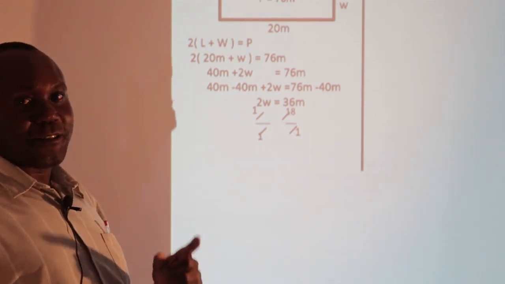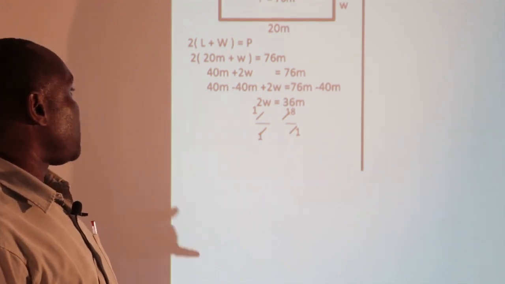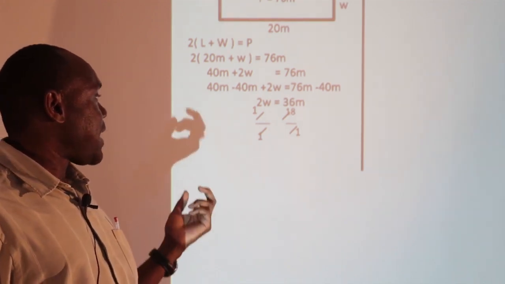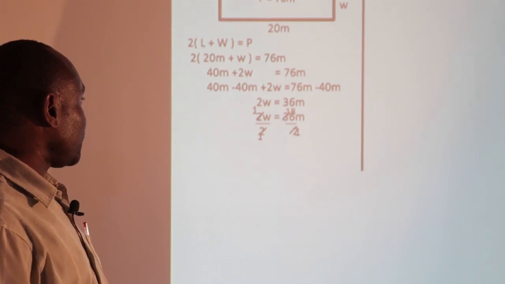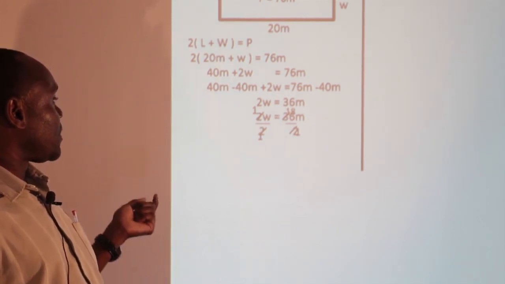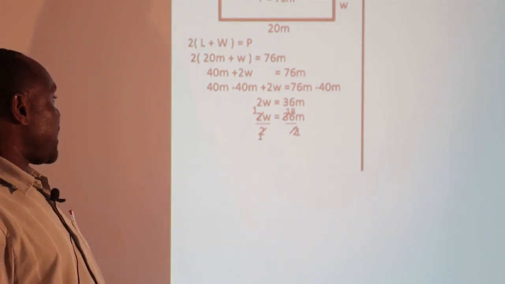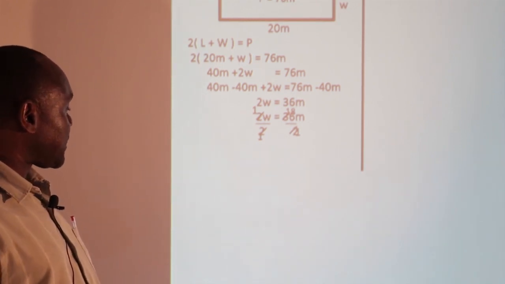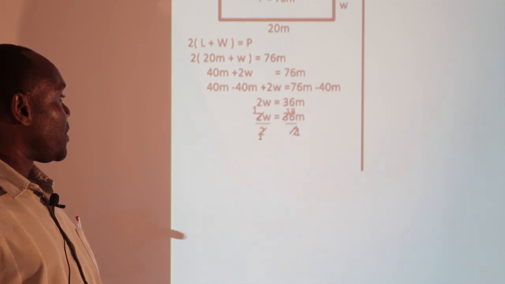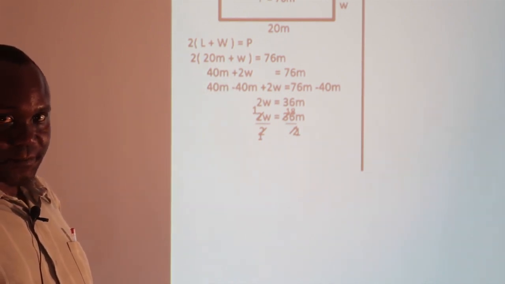But our question says find the width. Therefore, we divide both sides by 2. So when you divide both sides by 2, 2 by 2 once, 2 by 2 once, and then 36 meters divided by 2, we shall get 18.